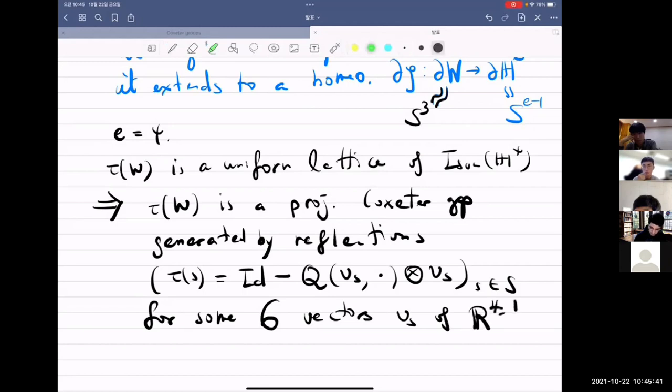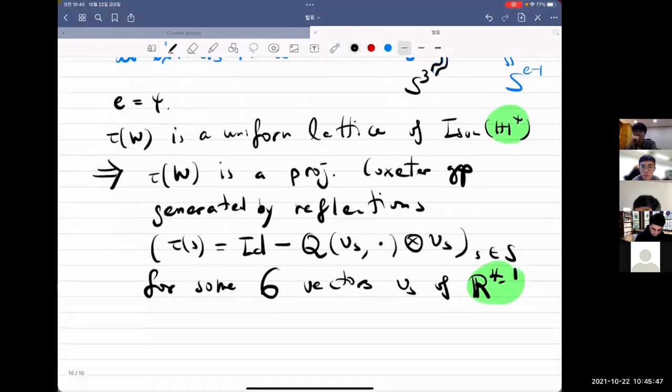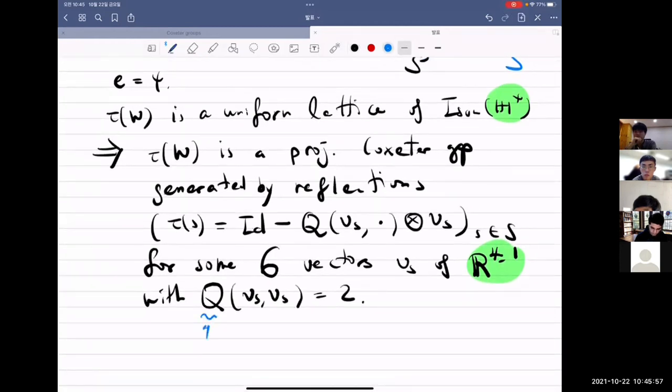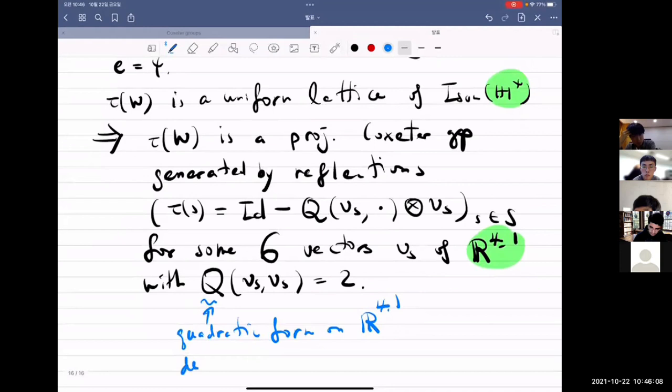Here, isometric over H4, with Q(VS, VS) equal to 2, and Q is a quadratic form on R^{4,1} defining PO(4,1).